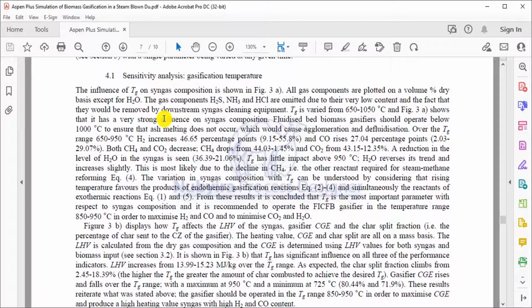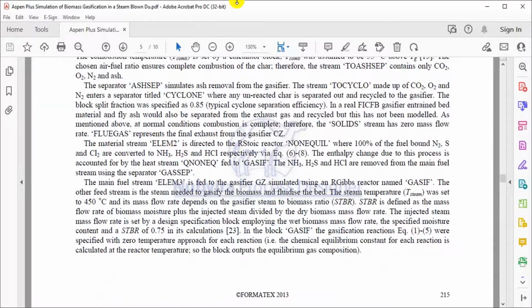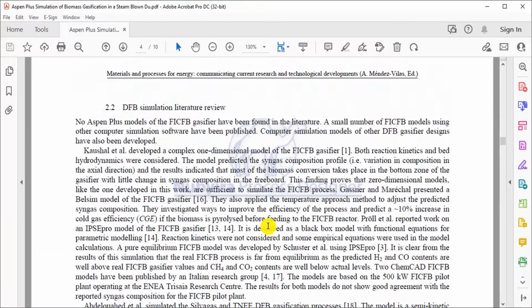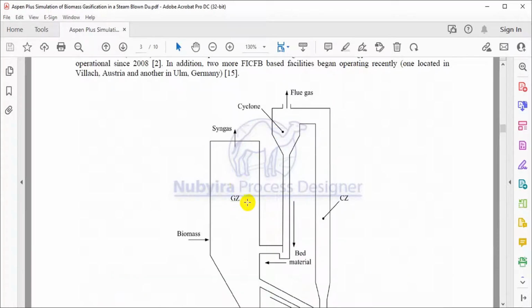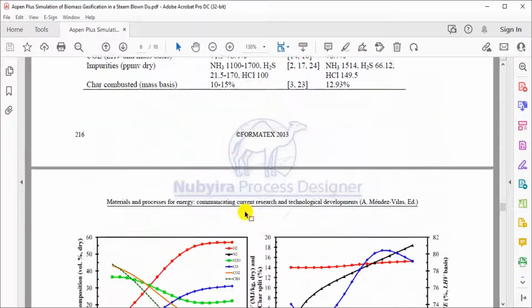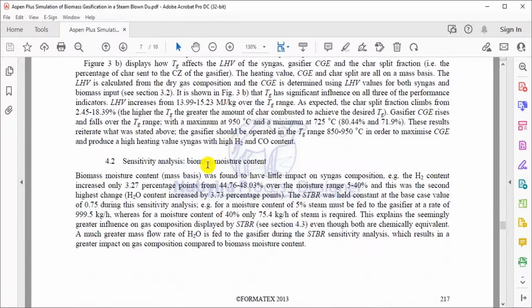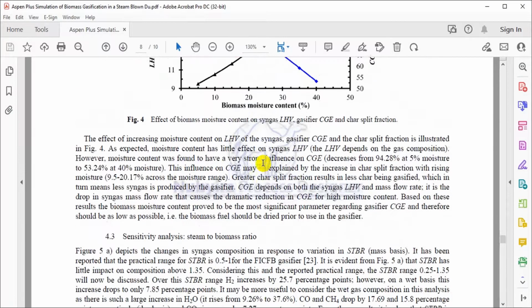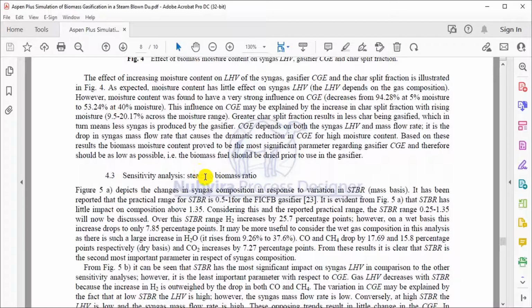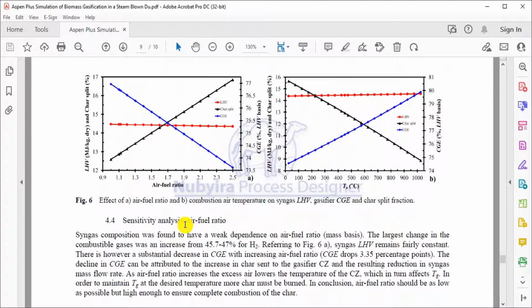So we check the effect of the gasification temperature, that is the temperature at which the gasification process occurs. We are going to check the biomass moisture content, varying it and finding the effect on the process. We are going to check the steam to biomass ratio too, and the air to fuel ratio.